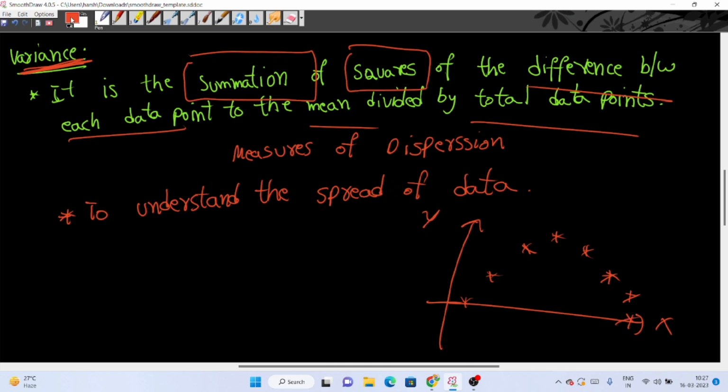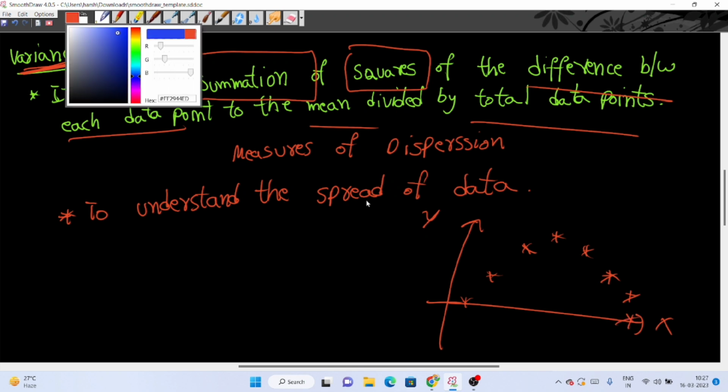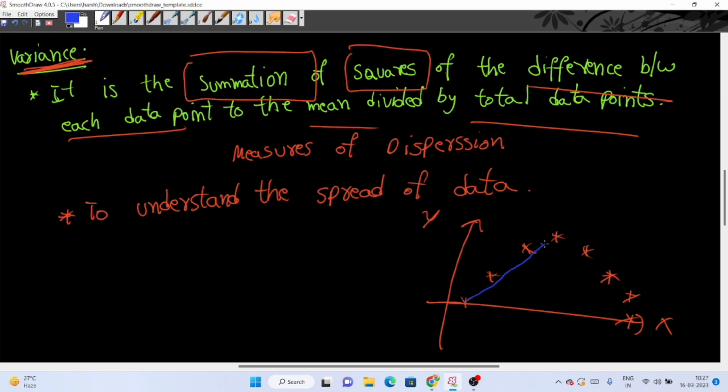If I join these points, maybe I can draw it like this. After joining all the points, we may get a curve, something like this, in blue color. Now the area within this curve is called the spread.